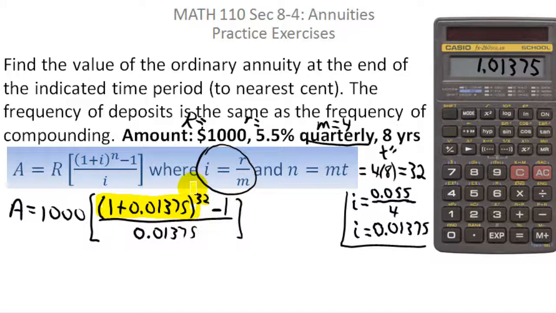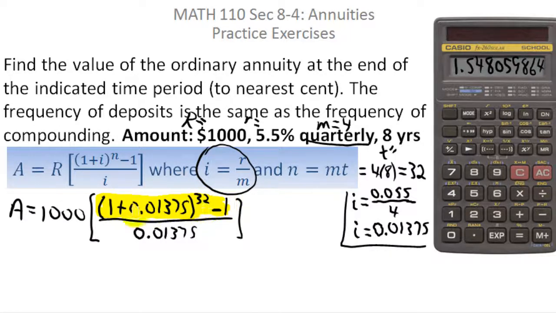The base is already in the calculator, so I hit the exponentiation button, x to the y, put in the exponent 32, and click equal. I get 1.48059864.